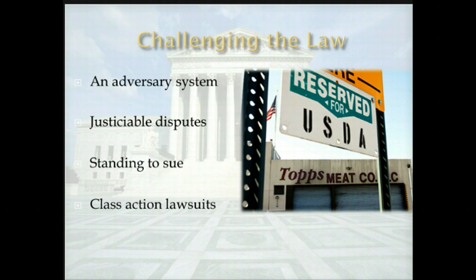Class action lawsuits. This is common also for interest groups to do, where you sue on behalf of all the citizens that might be in the same situation. Like, say about 500 people were poisoned by Top's Meat Company. A lawyer or an interest group can get all of those 500 people together and they can sue Top's Meat Company as one plaintiff.